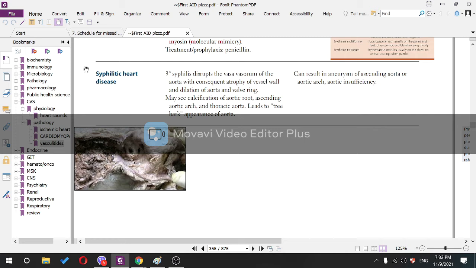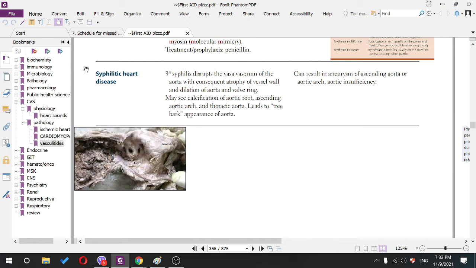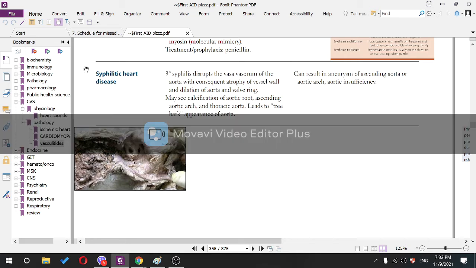You will be really happy. Sounds like a perfect deal. To make it even cooler, if you treat the patient after the center of depression is destroyed, he will never be depressed for the rest of his life. I know, sounds romantic. So, syphilitic heart disease, tertiary syphilis, disrupts the vasa vasorum of the aorta.